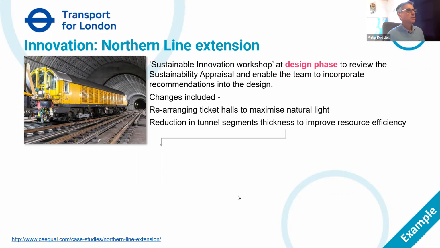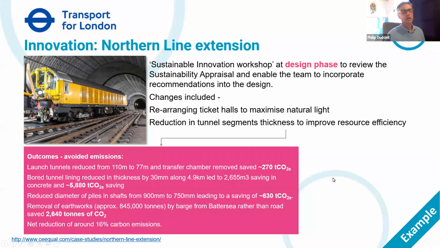The outcomes arising from this resulted in the tunnel's thickness being reduced quite significantly, still of course safe, and the tunnel lining being reduced. And you'll see there was a clear quantifying of those outcomes in terms of carbon reduction.